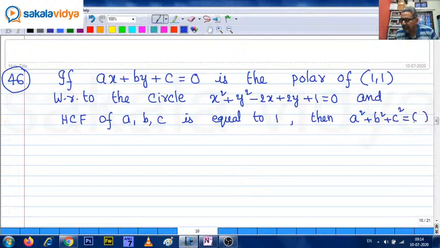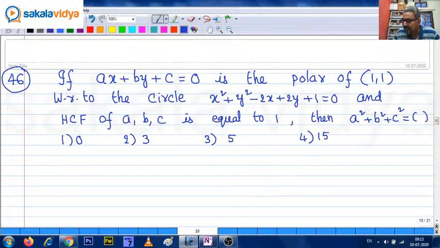First option 0, second option 3, third option 5, fourth option 15.